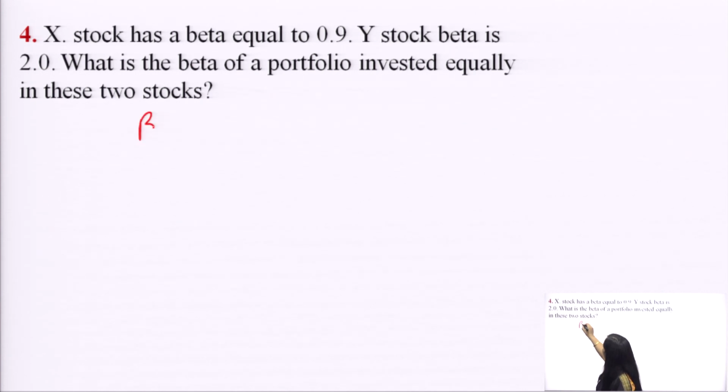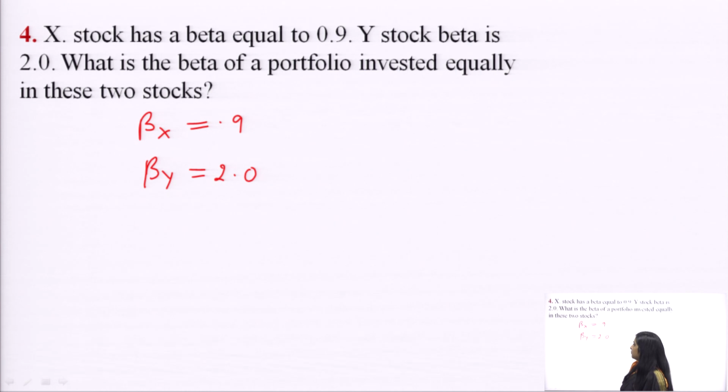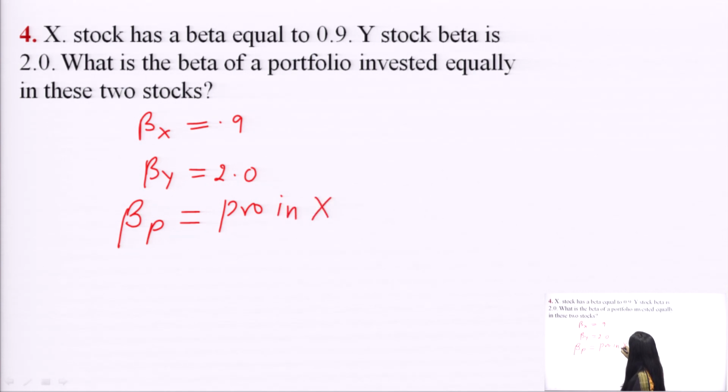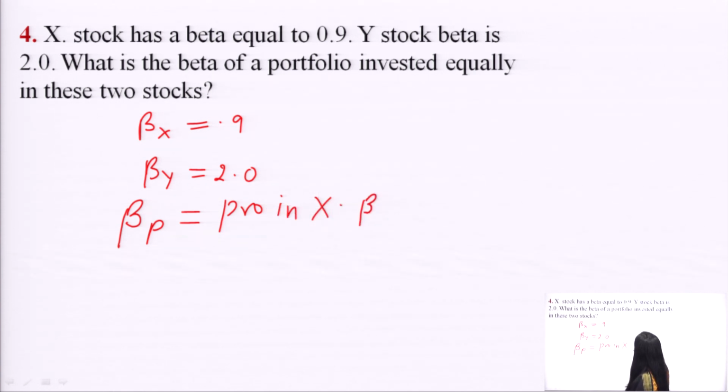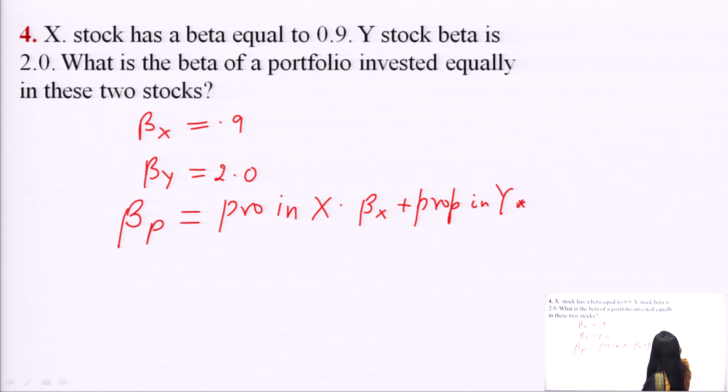We have beta of X equals 0.9, beta of Y equals 2.0, and if we develop a portfolio of these two stocks X and Y, then the beta of the portfolio would be equal to the proportion of fund invested in X multiplied by beta of X plus the proportion of fund invested in stock Y multiplied by beta of stock Y.